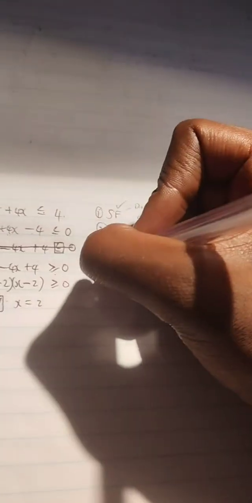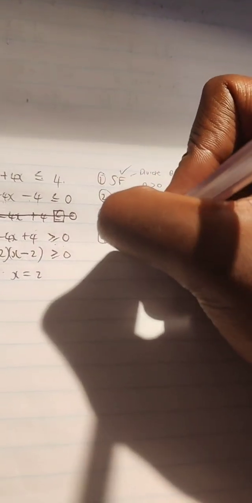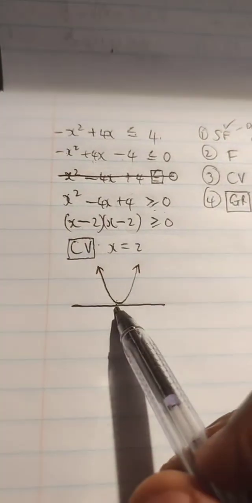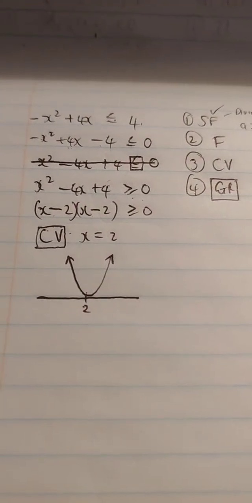Then, after writing down your critical values, graphical representation. So you are going to draw your x-axis. 2 is the critical value. You then draw a parabola that touches the x-axis at 2.